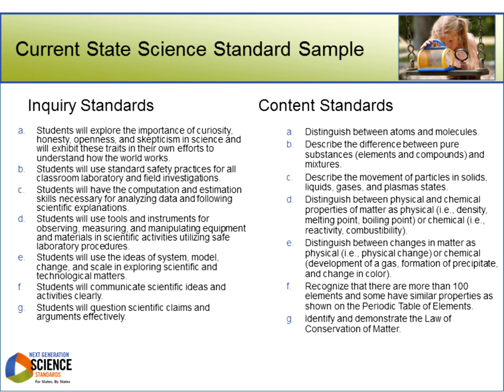Here is an example of a state. This is pretty typical. States have a set of inquiry standards and a set of content standards, and teachers are told, hey, figure out which one goes with what, have at it. When the state test comes, you can guess that usually the stuff on the left gets dropped off, or it's tested in isolation, which means that you're just testing kids on whether they can read meter sticks or graduated cylinders often.